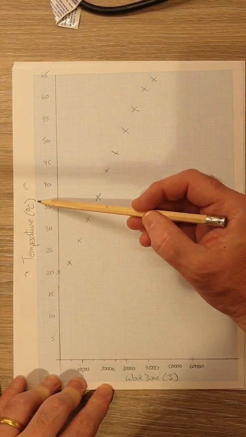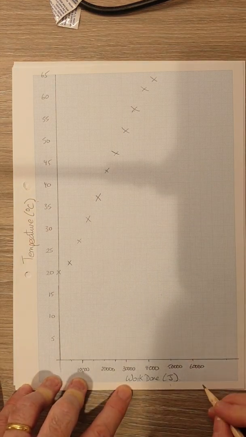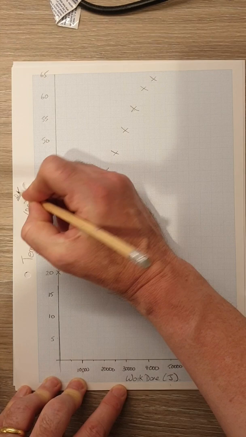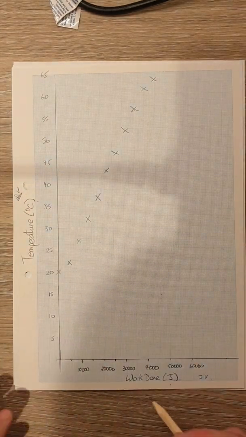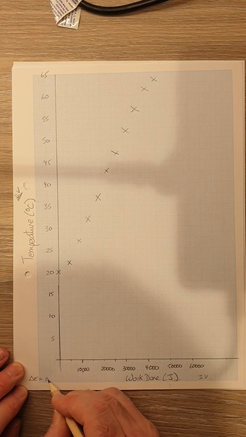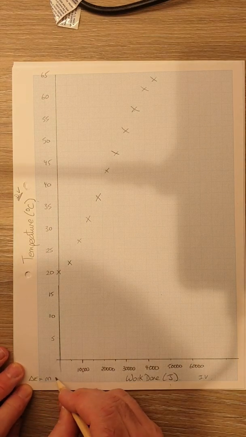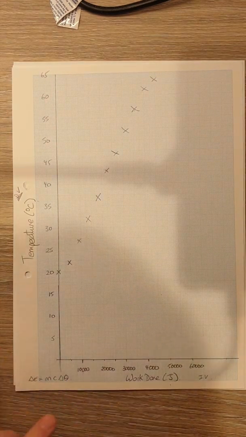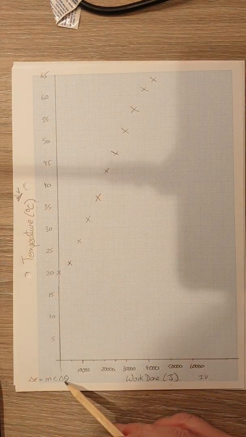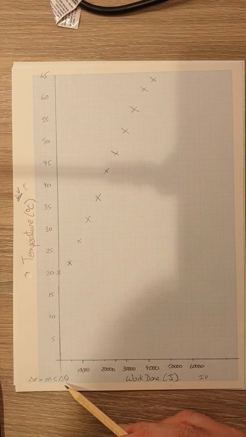On the x-axis, temperature. On the y-axis, remember, this is the independent variable. This is my dependent variable. And what I was saying was, our equation was that change in thermal energy is mc times the change in temperature. So we can see that this is a linear equation, so we expect a line.